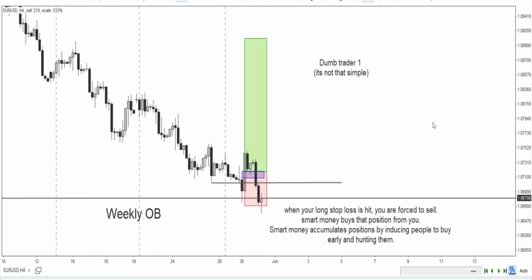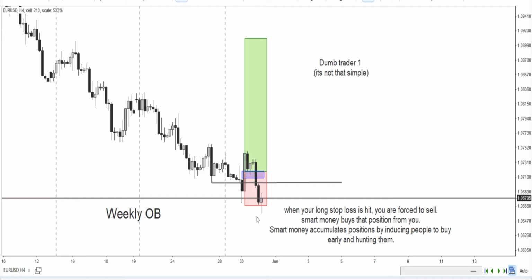How is this achieved? Institutions induce traders to open buy positions near the key level or at the key level only to trigger their stop losses. When the stop losses are hit, these traders are compelled to sell at market order.